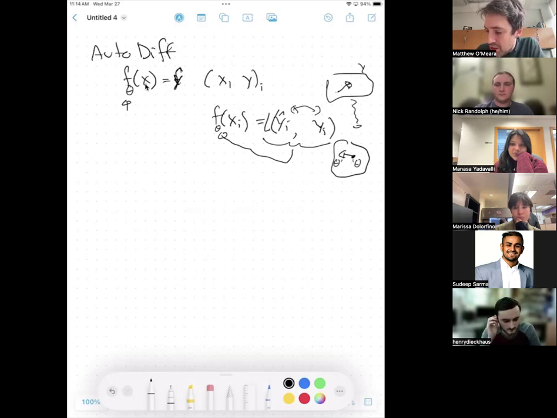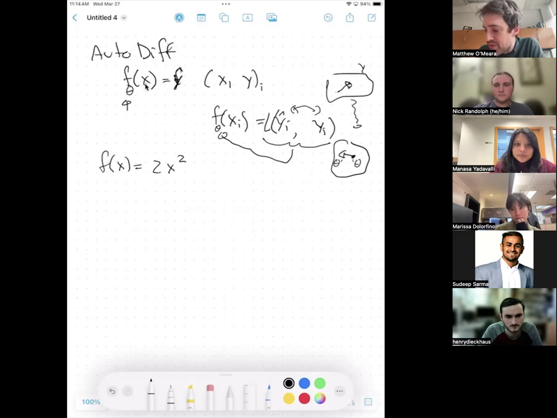And to do this, if we have a function, very simple, f of x is equal to 2x squared, then in calculus, the chain rule is this very mechanical process where there's a set of rules where you can figure out what the gradient is with respect to any parameter. So df/dx, you can apply the chain rule. If you think of this as a series of compositions of functions, first you square it and then you multiply by 2, you can take the derivative of the outer one times the value of the inside one.